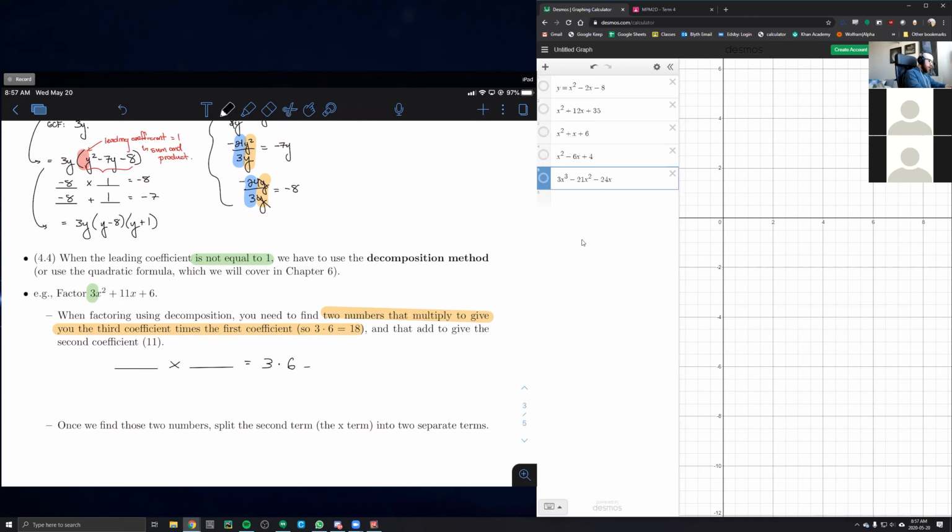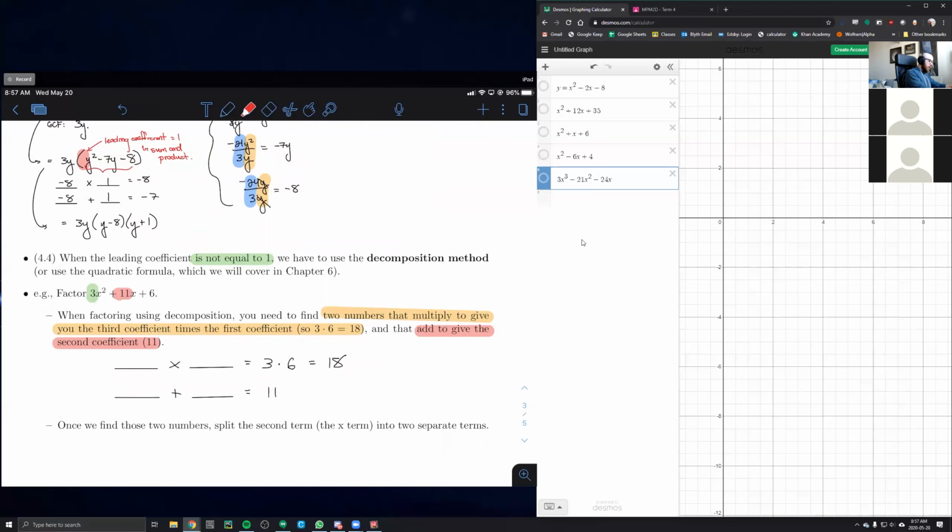So we're trying to find two numbers that multiply to give 18, but then we're still adding to get the middle term, right? So we're still adding to give the second coefficient. In this case, the second coefficient is 11. So we are adding to get 11.